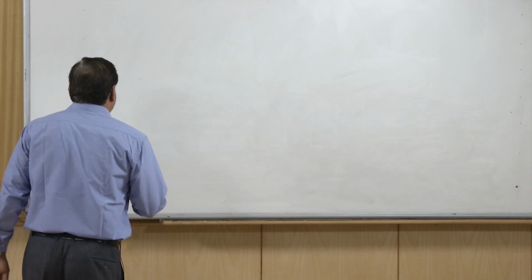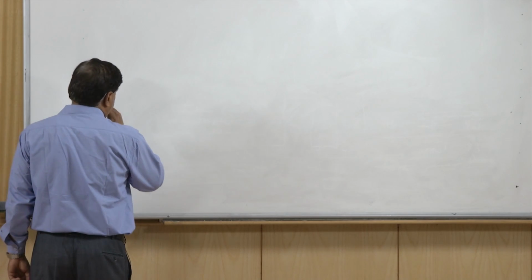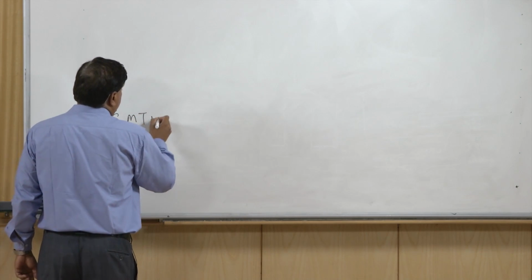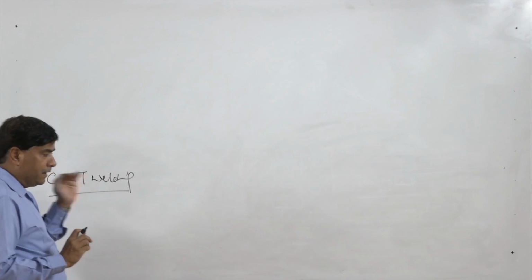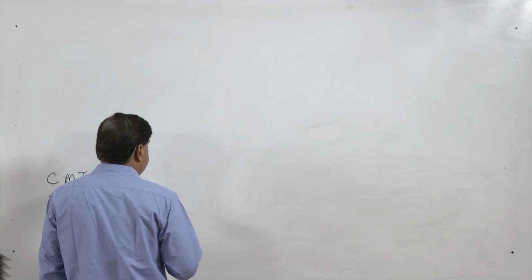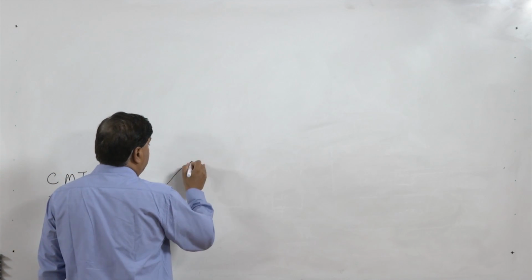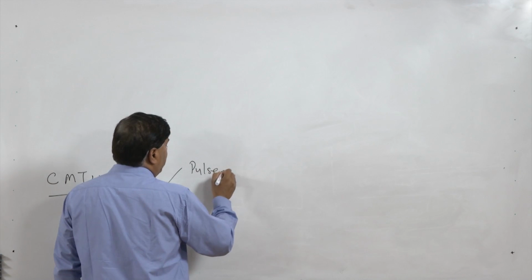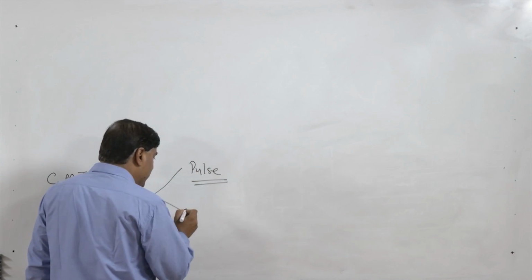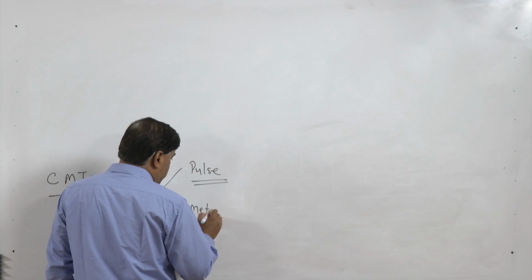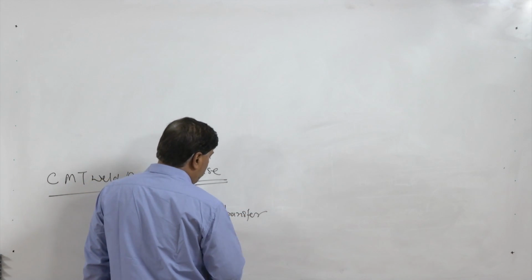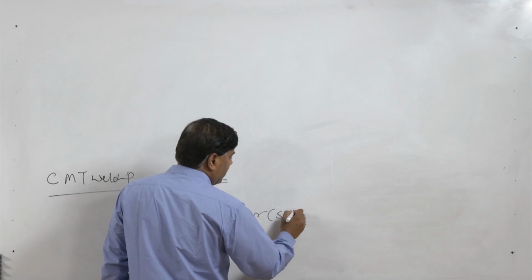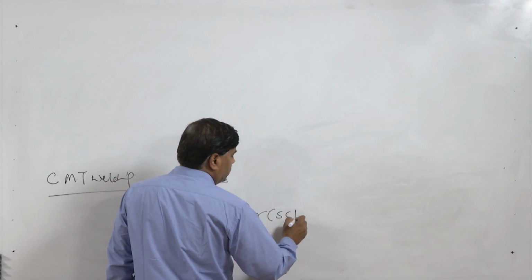With respect to the cold metal transfer welding, it incorporates the two aspects. One is the pulsing, means the pulse feature, and another is efforts are made to regulate the metal transfer in a very controlled way through short circuiting mode.